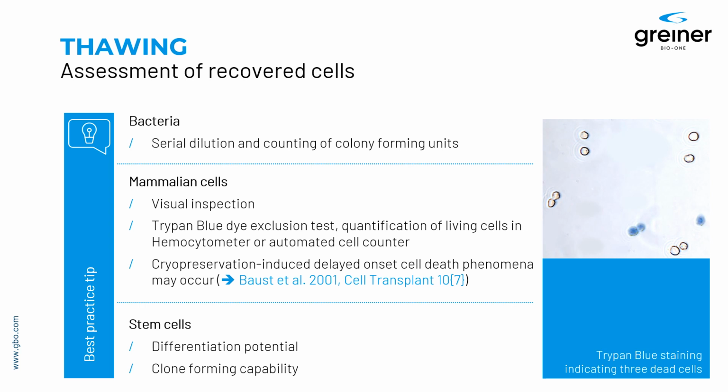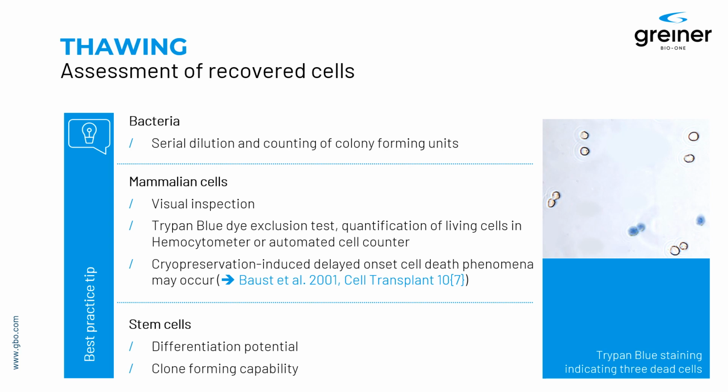What is behind this phenomenon, in simple words, is the fact that when you thaw your cells, they may already have suffered and they may already have triggered a program of apoptosis or cell death, but you only see the effect of this later on. So the cells are later on really dying and showing very low viability, whereas when you assess their viability right after thawing, they still seem to be okay.